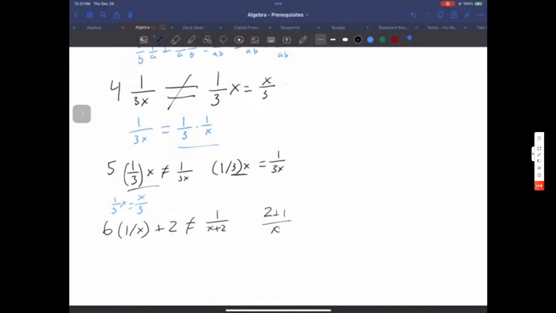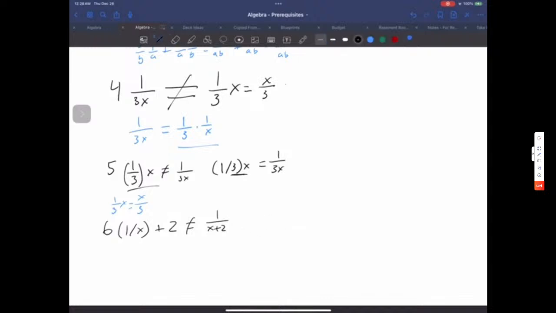Normally, when you're conveying ideas to people, you're conveying them in the simplest terms, and 2 plus 1 would have been simplified to 3 over x. So when you hear 2 plus 1 over x, you can likely assume that the person is trying to say 2 plus the quantity 1 over x, or 2 by itself plus the fraction 1 over x.